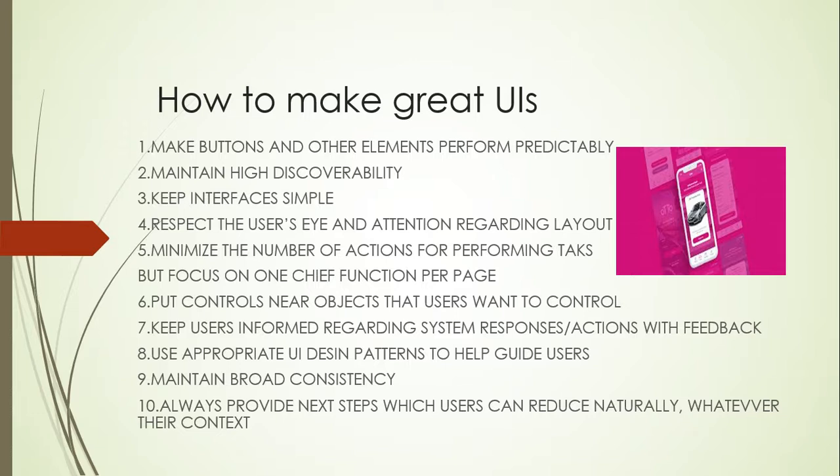Minimize the number of actions for performing a task, but focus on the chief function per page. It means I don't want to perform more tasks, I need to do only the function that I need to perform. For example, if you see an app like OLX, if you are a user, you can buy or sell just like that.